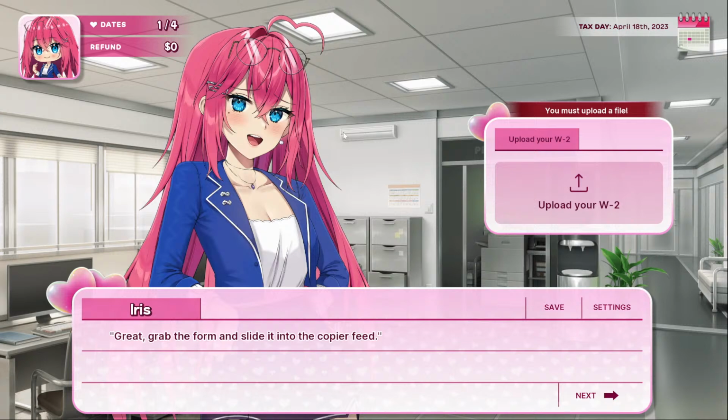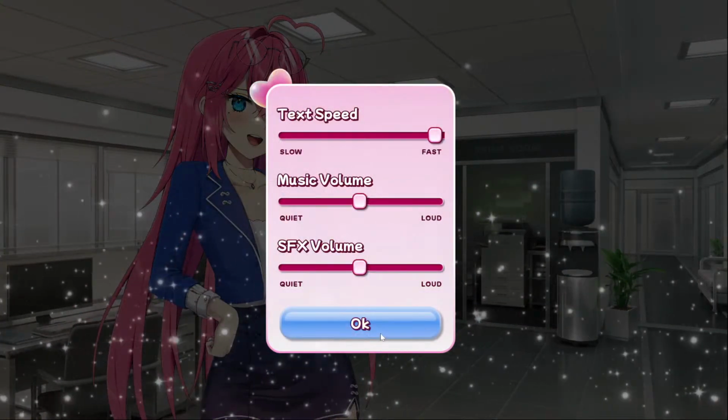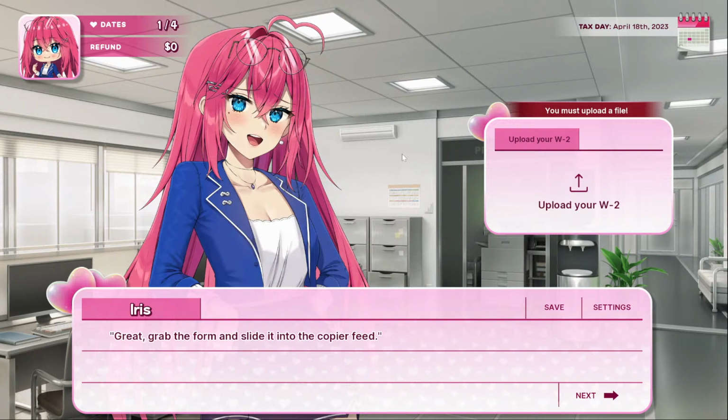Can I just do a random file? God damn it, I don't have a W2. Shit! What happens if I just upload a random file? Oh, it has to be PDF. Do I even have a PDF file? Okay, whatever. Let's find a random W2 file.